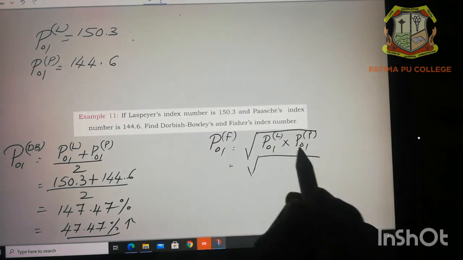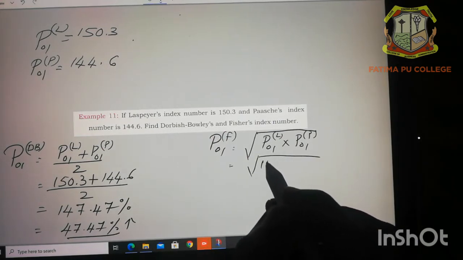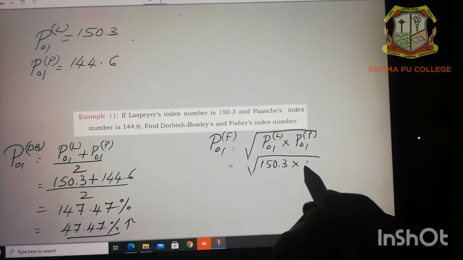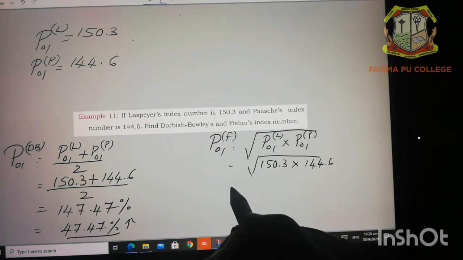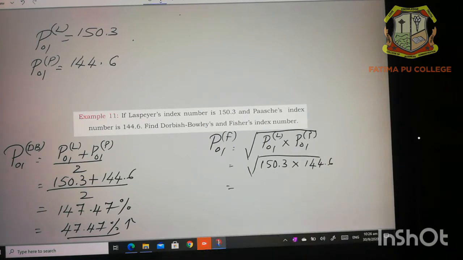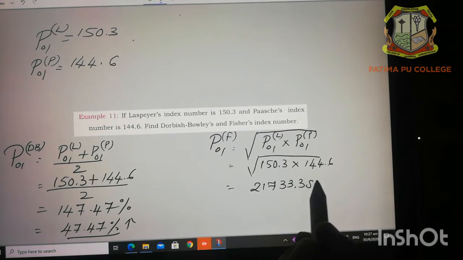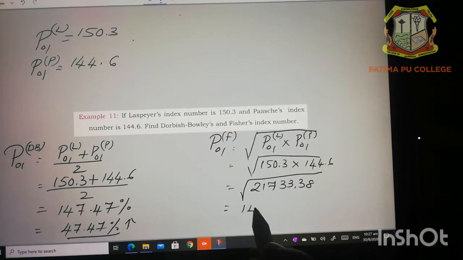That is the square root of Laspeyres' times Paasche's, which is 150.3 into 144.6 under the root. 150.3 into 144.6 is equal to 21,733.38, all under one root, and if you take the root of that, you get 147.42 percent, students.